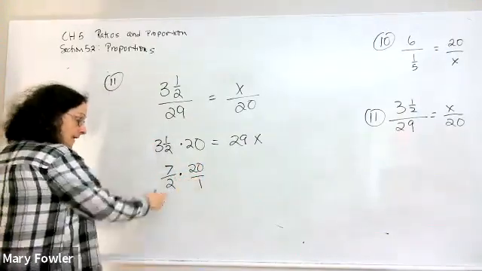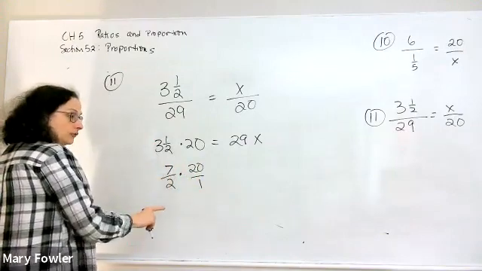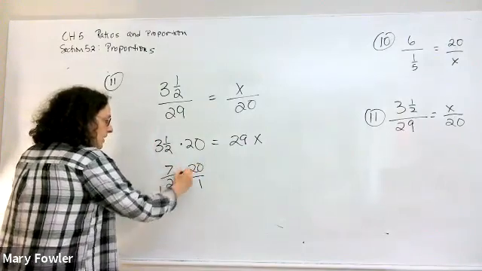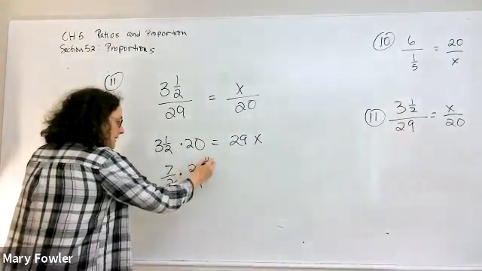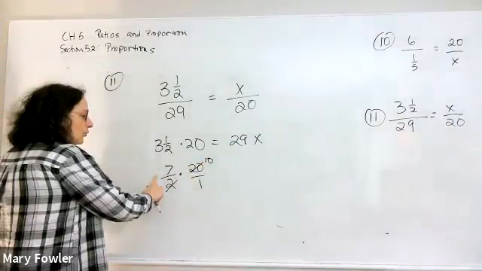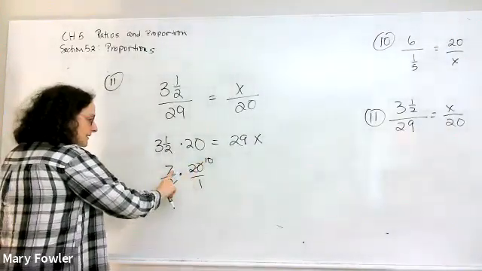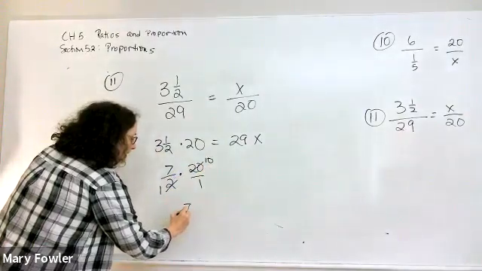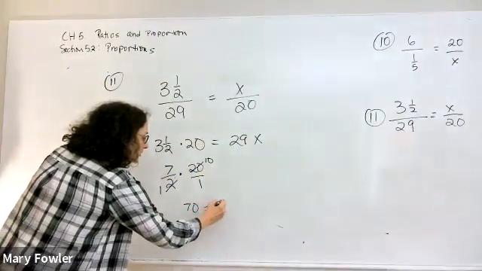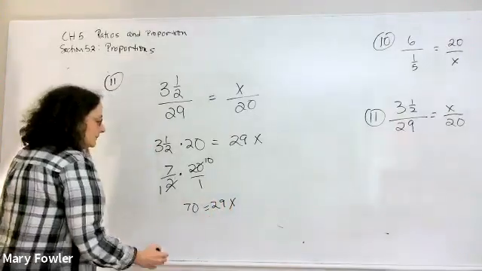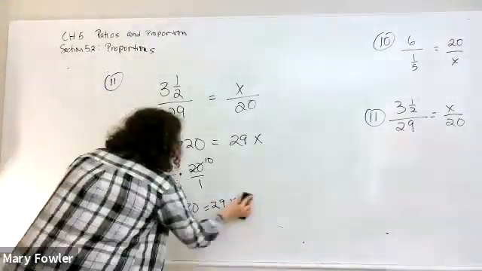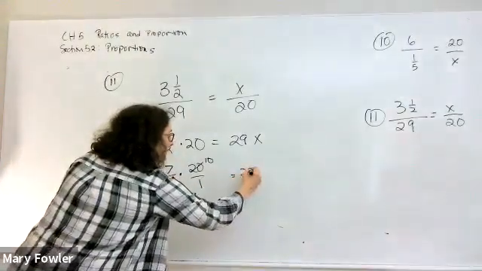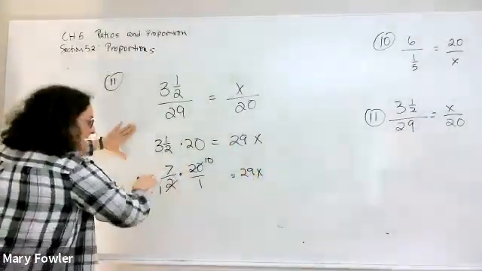And let's go ahead and simplify before we multiply. So 2 goes into 2 1 time, 2 goes into 20 10 times. So the left-hand side is 7 times 10 over 1 times 1. So we get 70 is equal, oops, I kind of jumped there. Still trying to simplify. Let's go ahead and keep bringing the work down.